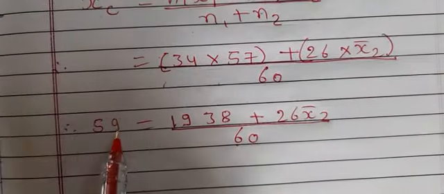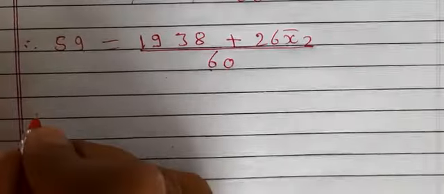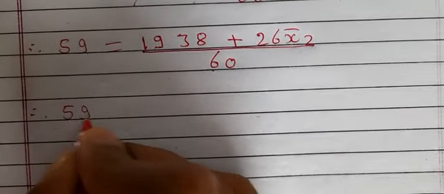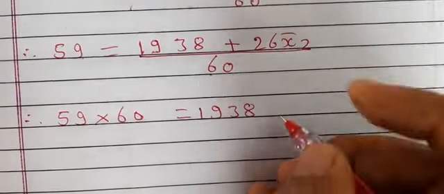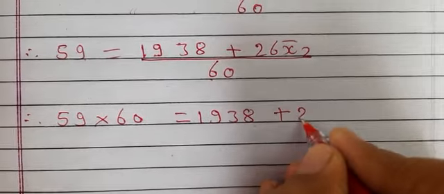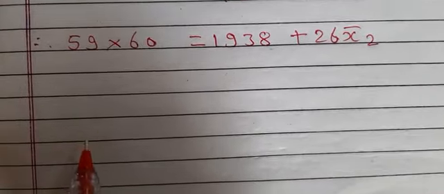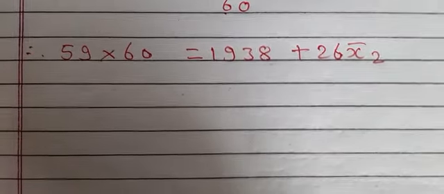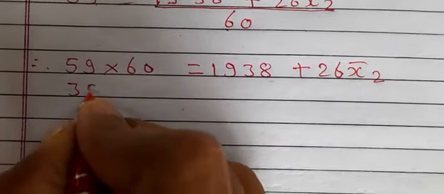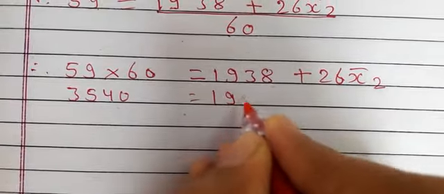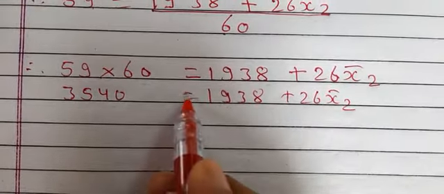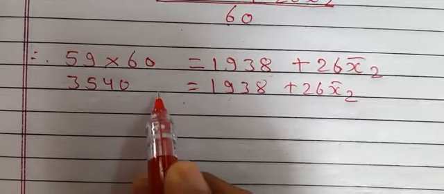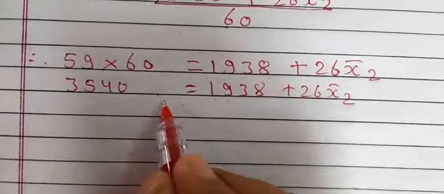Now this 60 we'll take in cross multiplication. So 59 multiplied by 60 is equal to 1938 plus 26 X bar 2. 59 multiplied by 60 gives 3540. So 3540 equals 1938 plus 26 X bar 2. When 1938 goes to the other side of the equal sign, it becomes minus, since here plus is there.